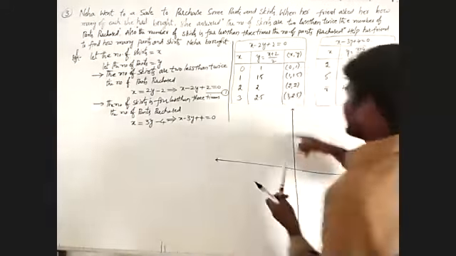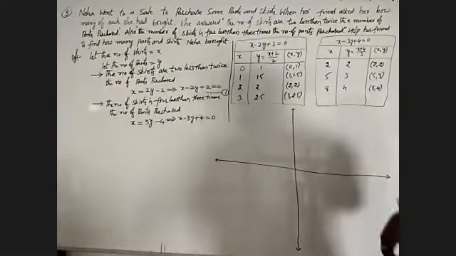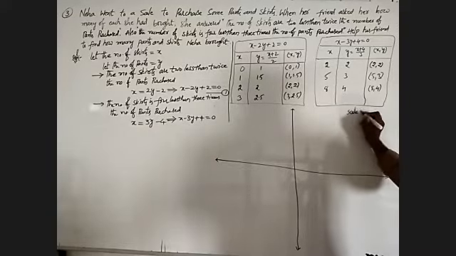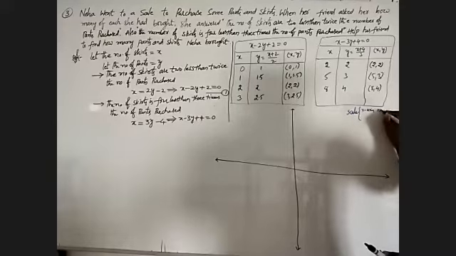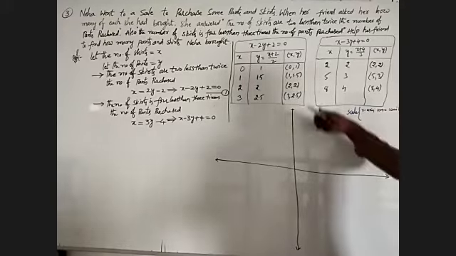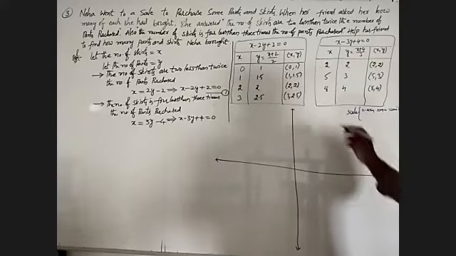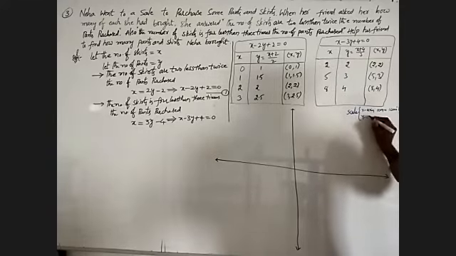We observe on the x coordinate the values are all below 8, so on the x axis, scale 1 centimeter is equal to 1 unit. After that, we observe the y coordinate. Here also the values are below 4, 5. So on the y axis, 1 centimeter is equal to 1 unit.